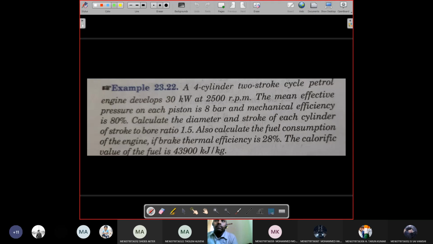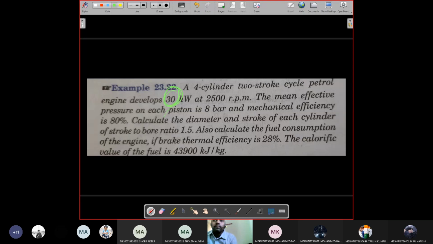Already brake power is given, 30 kilowatt. And mass of fuel we can calculate because brake thermal efficiency and mechanical efficiency are given.